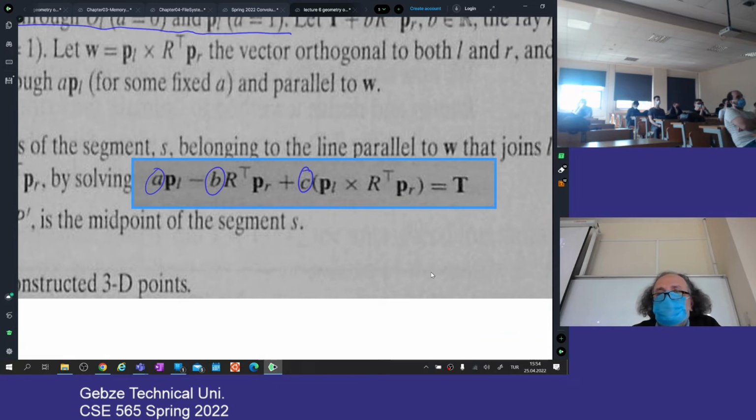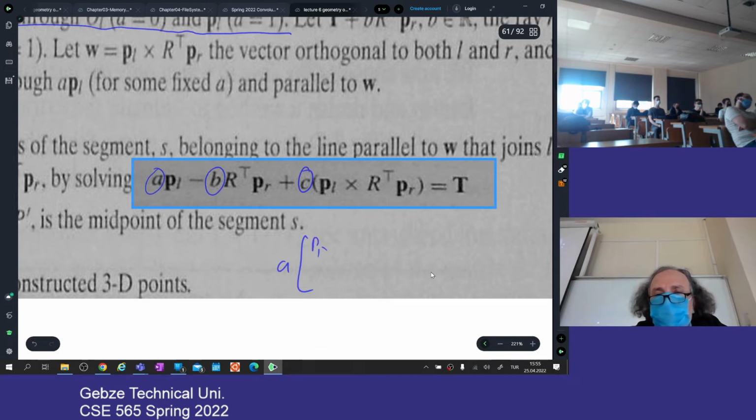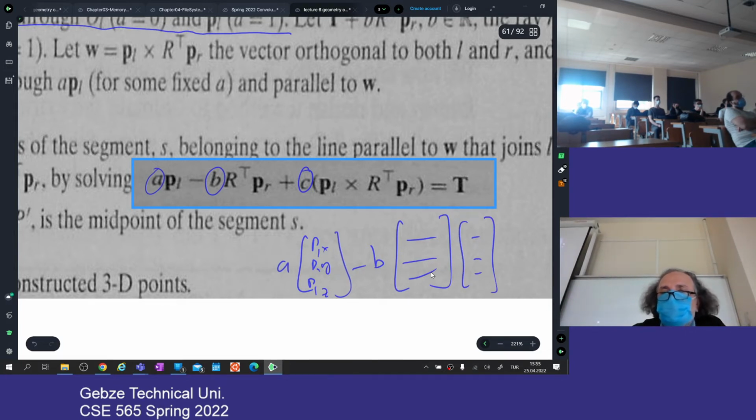Well, actually, this is A times PLX, PLY, PLZ minus B times a matrix times PR. PR is 1, 2, 3. As you see, there is the top part of this equation, then the center part, then the bottom part, right? I have 3 equations actually here.